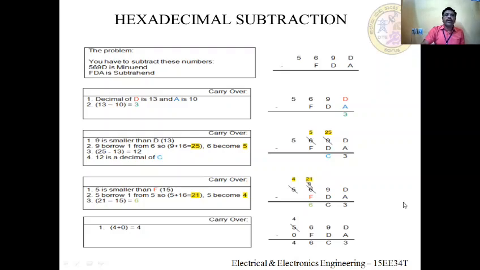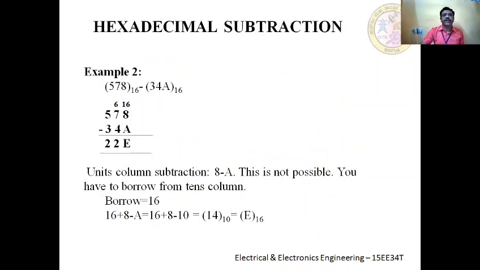I hope you understood how we can subtract in the hexadecimal number system. Still, if you have any doubt, let me clarify in example 2. This is a small problem given. This is example 2 of hexadecimal subtraction: 578 minus 34A.